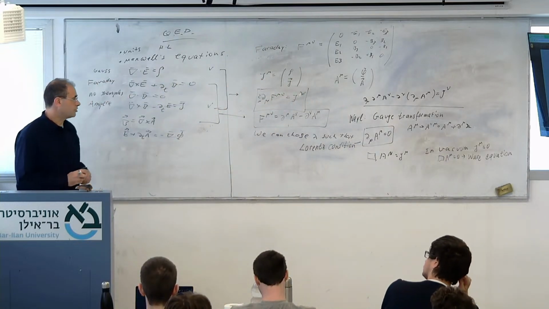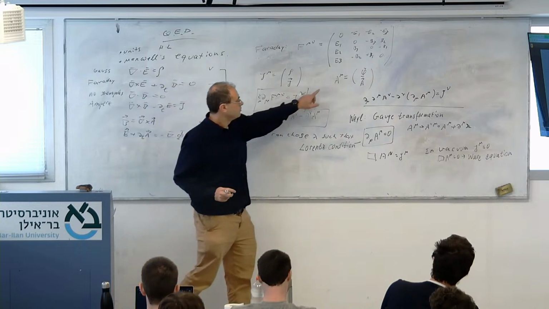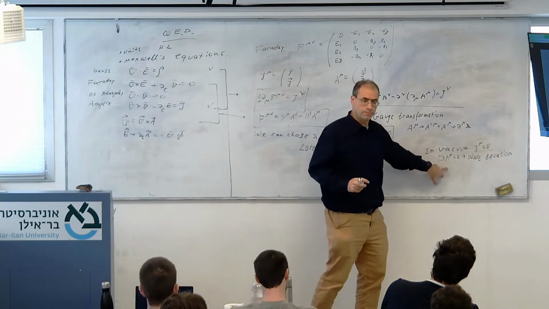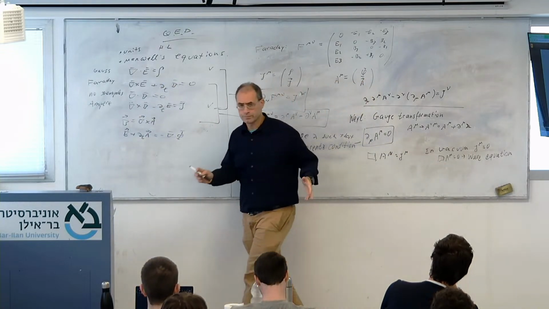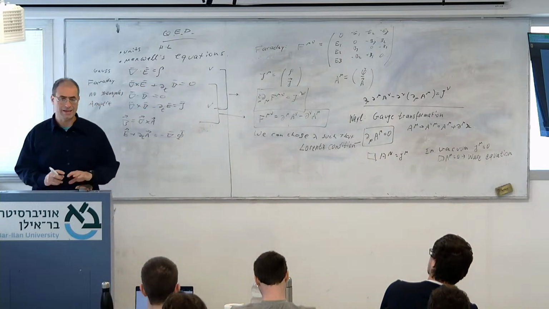So the four-potential A mu obeys the wave equation in vacuum. Everything we did so far is classical.